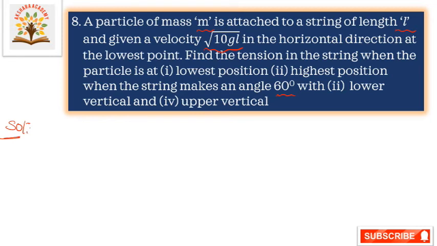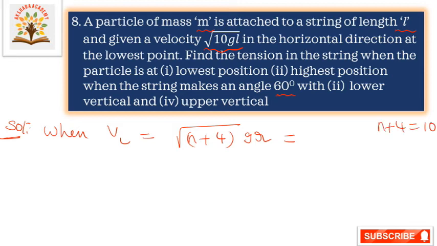Here first we have to calculate at the lowest position, where V_L is equal to the square root of (n plus 4) into gR. Here they have given root of 10 gL, so n plus 4 is equal to 10.